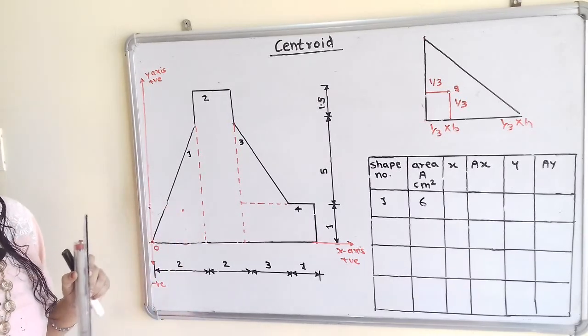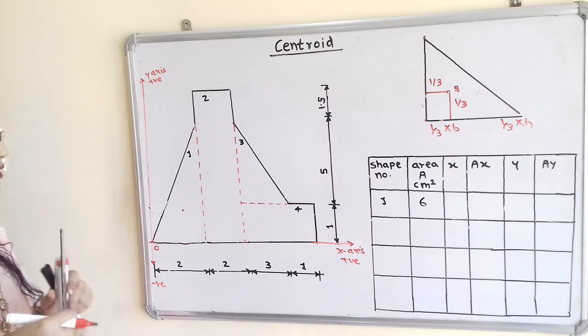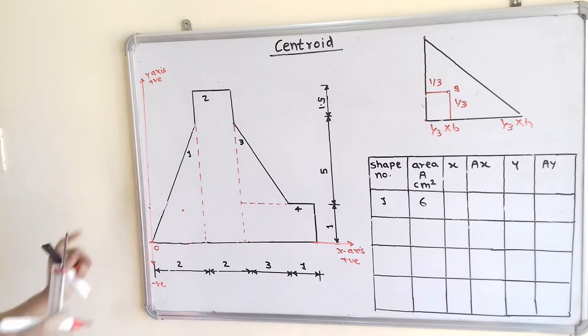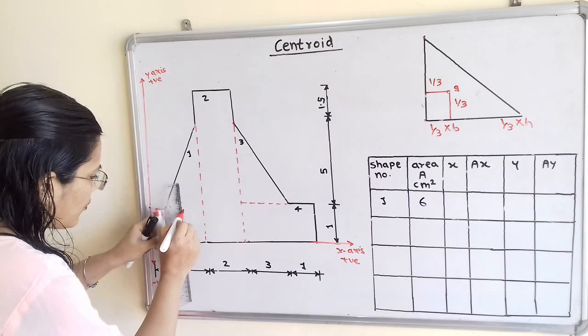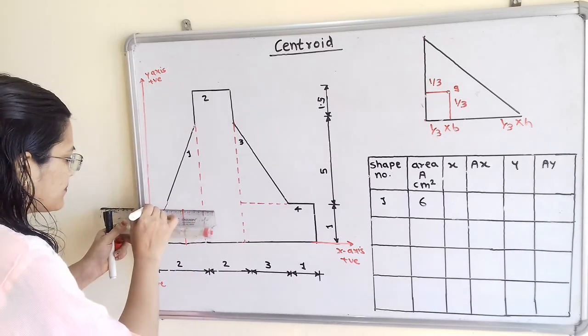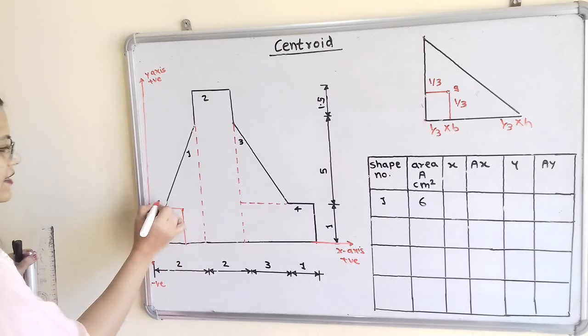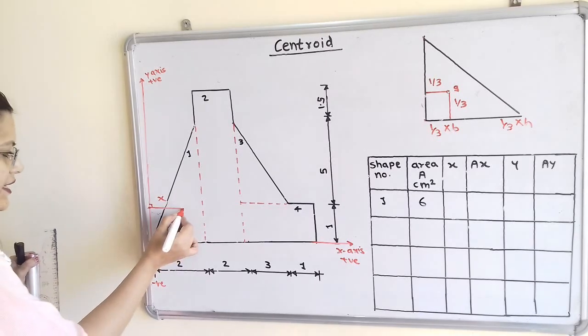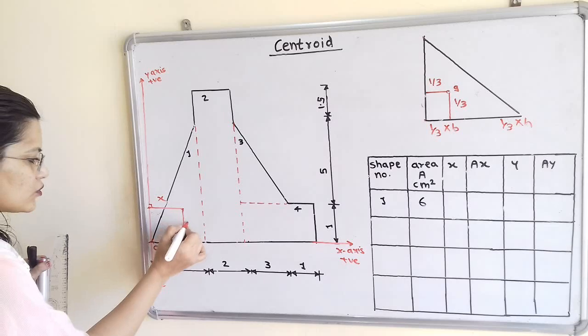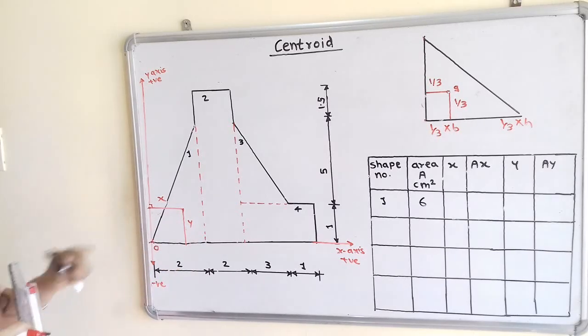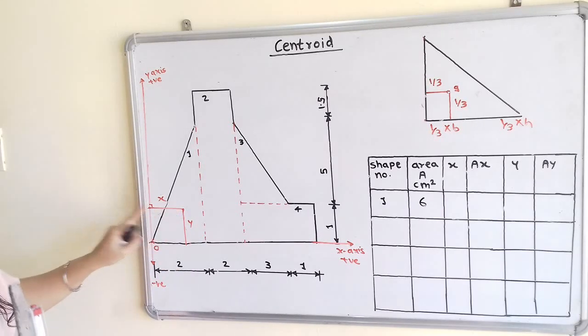Now the next step is to draw the perpendicular lines to the x-axis as well as the y-axis. So I will draw two perpendiculars. Now this perpendicular line, that is the horizontal line, is known as the value of x and this vertical line is known as the value of y. So how to find the length of this x?